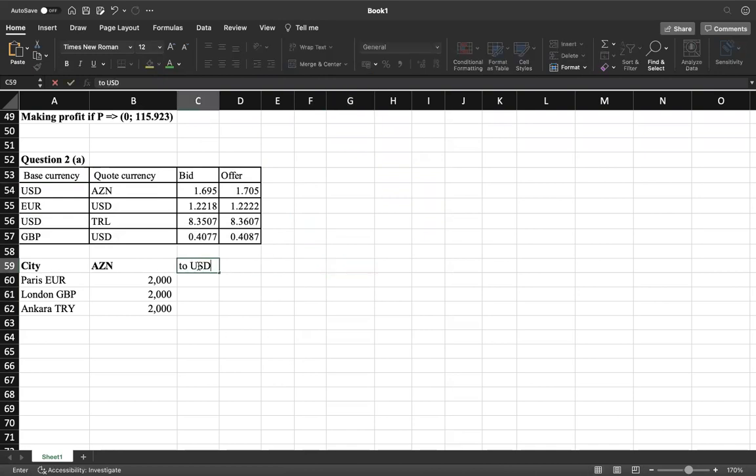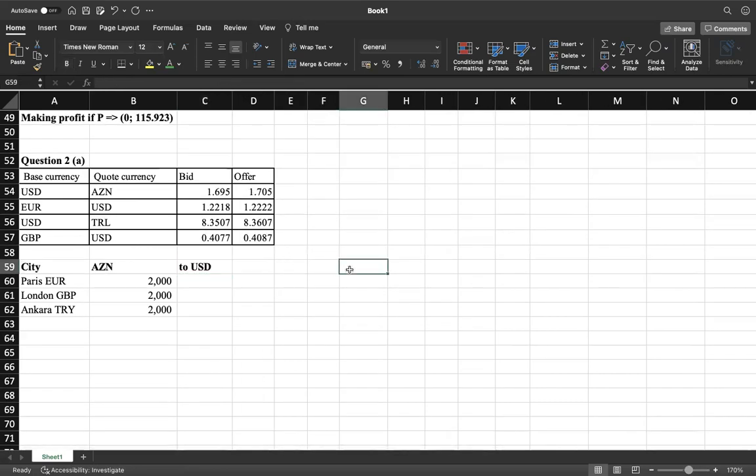First of all, to USD. In order to convert it to USD, I have to know the rate of 1 USD. 1 USD is equal to what? We see that the bid price is 169 and the offer price 170. The offer price is the price at which USD is offered.